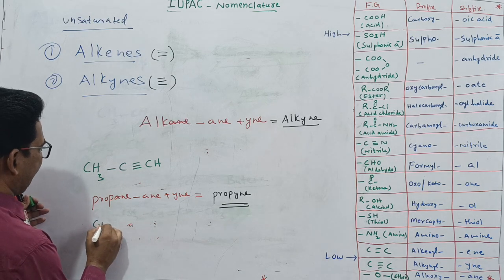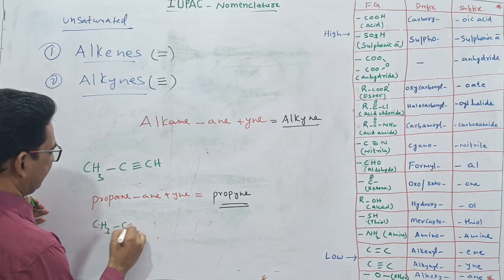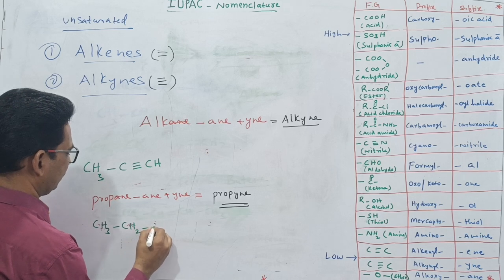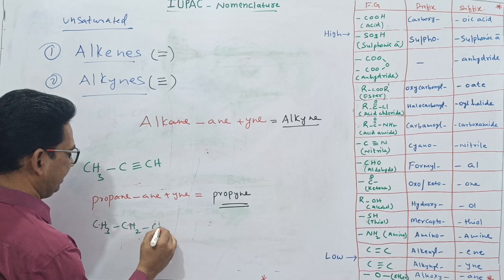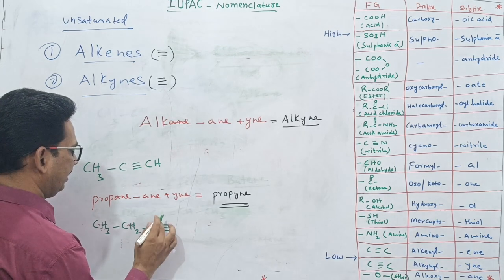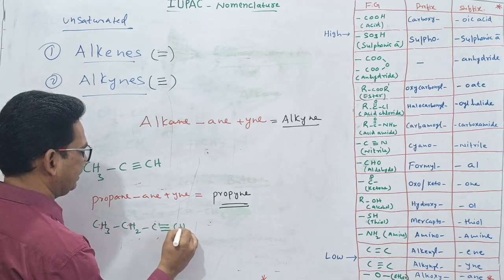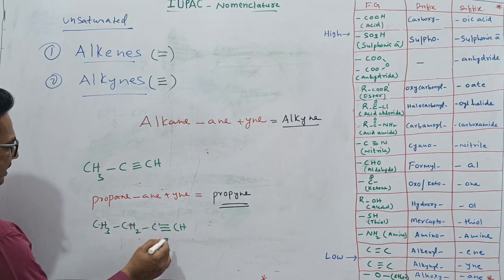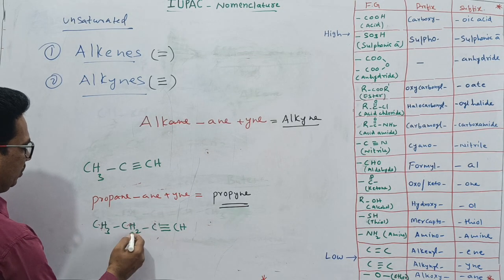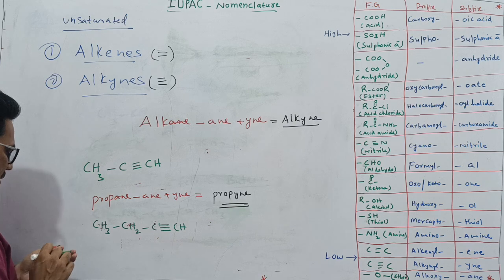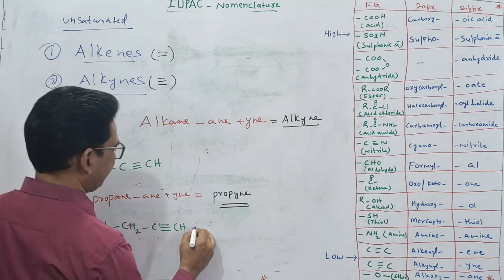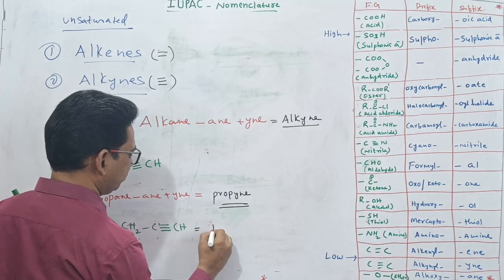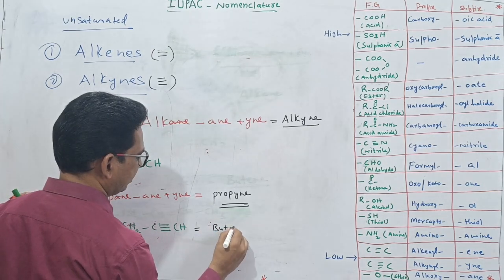See, CH3, CH2, C, triple bond, CH. How many carbons are there in this case? 1, 2, 3, 4. 4 means the word root is but. Then what name will come? Butane.